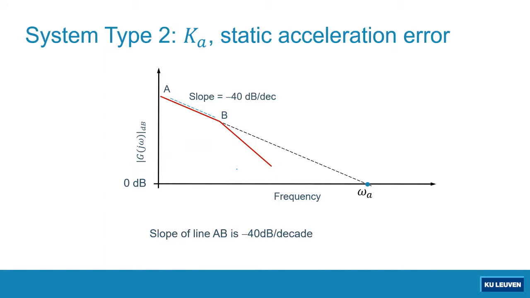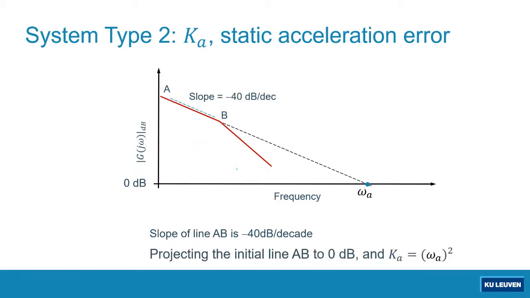Read the frequency where this extension crosses the frequency axis, and the static acceleration error constant is simply equal to this frequency squared, omega a squared. Okay, so that's how we estimate static error constants based on the Bode plot of the open loop transfer function in our unity feedback system.